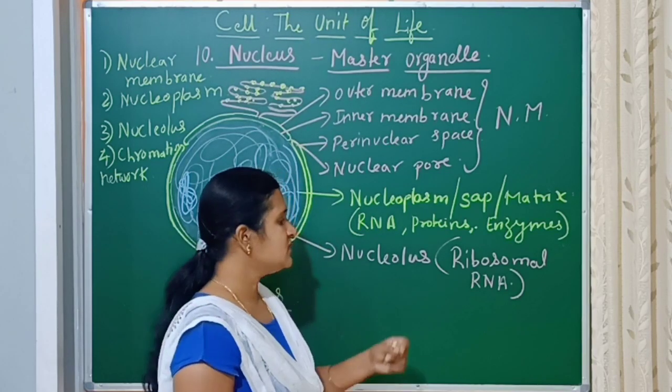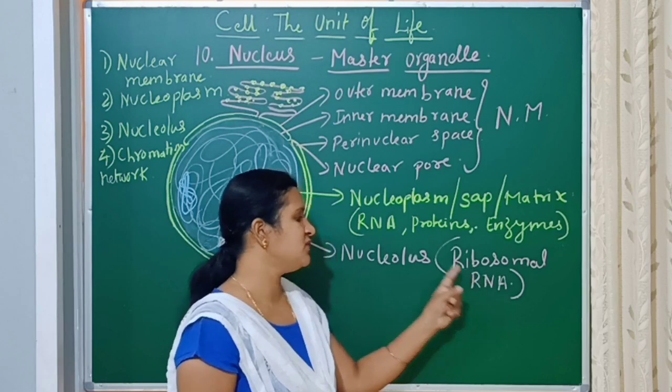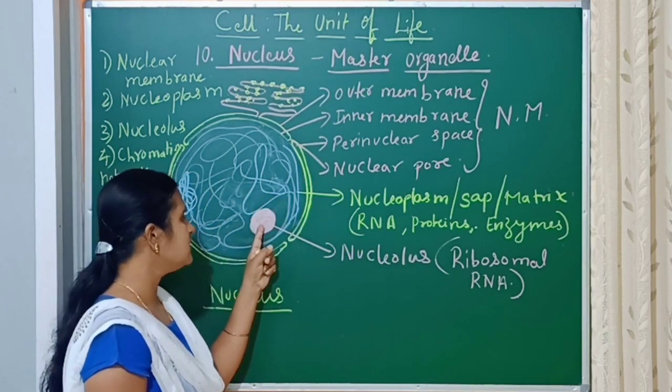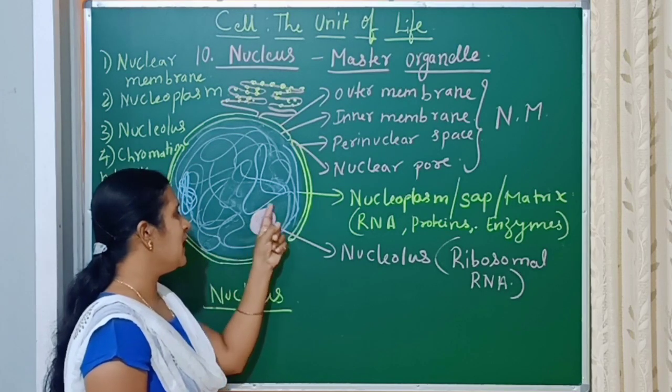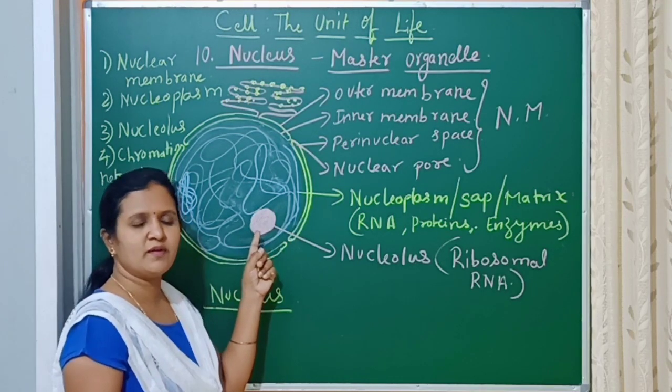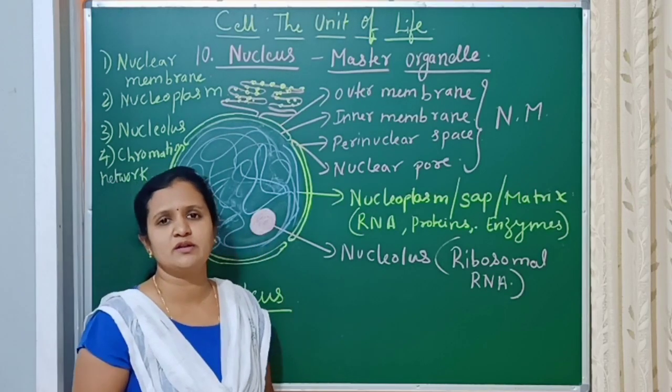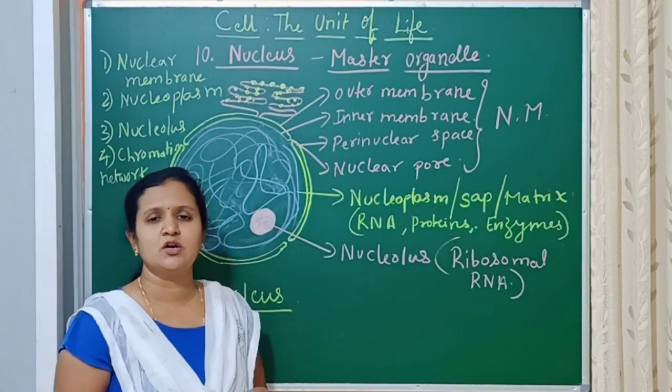Ribosomes are mainly involved in protein synthesis, and this ribosomal RNA is synthesized in the nucleolus. The nucleolus will be large, and sometimes more than one will be present, in cells which are actively involved in protein synthesis.